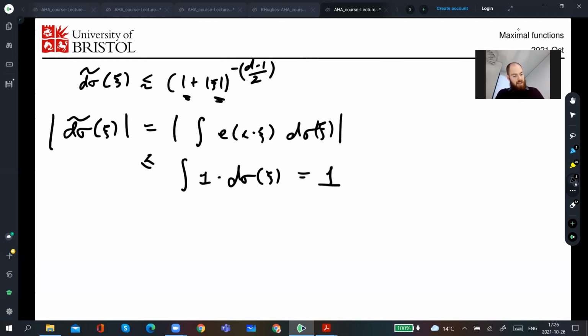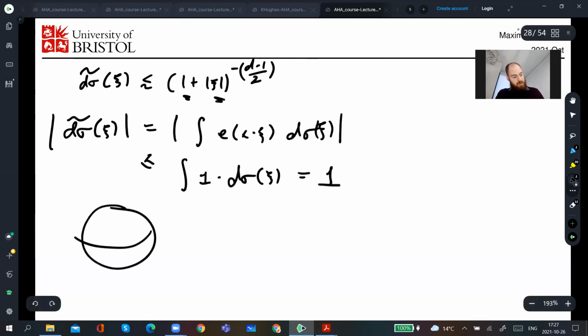Meaning, if I take any little cap and I move that cap around, no matter how I move it around, it's the same cap just transported, it has the same measure, no matter where it is. Any rotation. And a rotation gets you anywhere to anywhere else on the sphere, right?